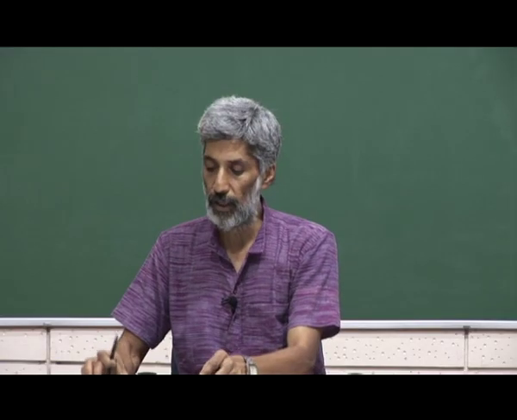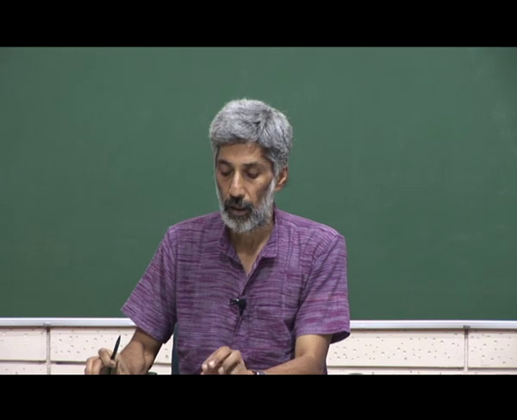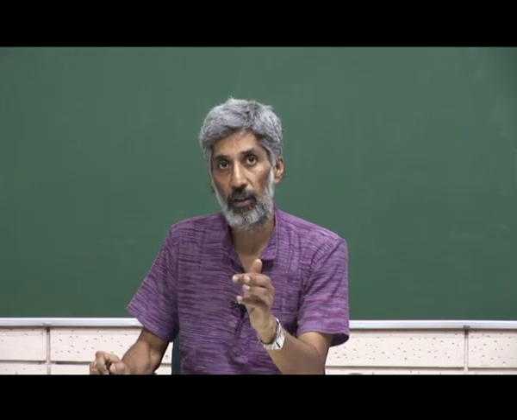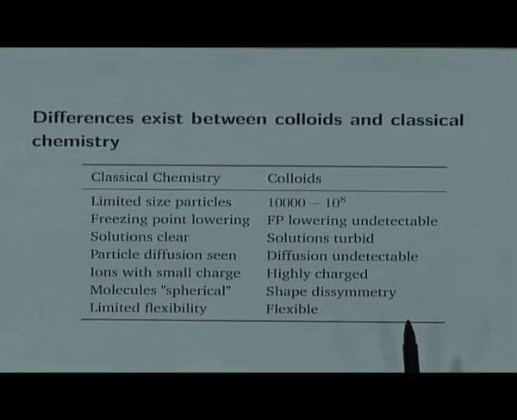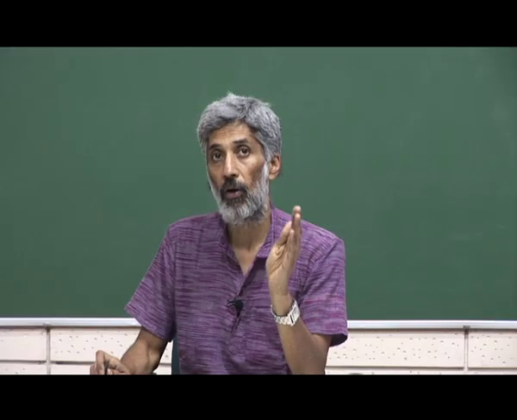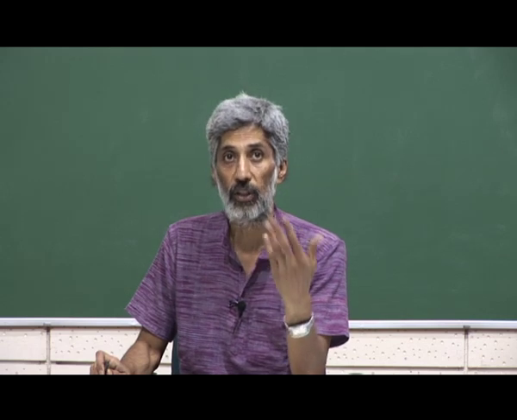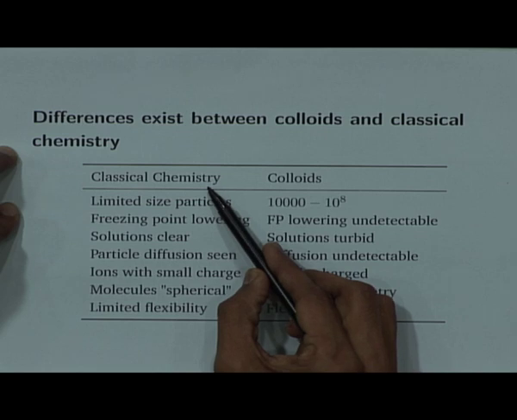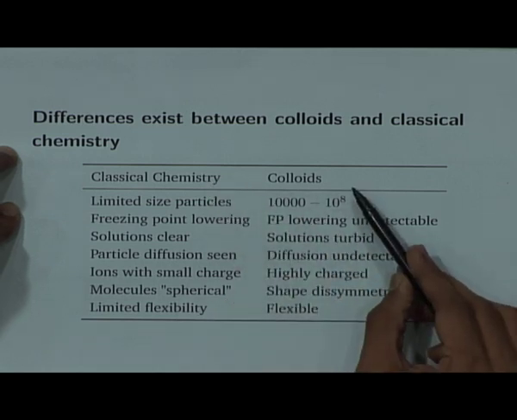So, here I have listed the difference between colloidal state, and note that it is not a colloidal substance. Any substance could behave as a colloid. So, rather than call it colloidal substance, we call it the colloidal dispersion or the colloidal state, and here I have compared classical chemistry with colloids that you have got.